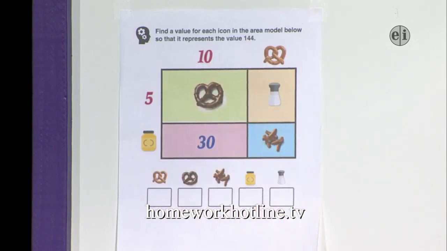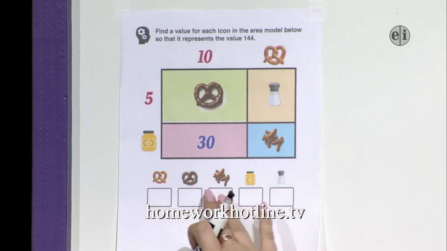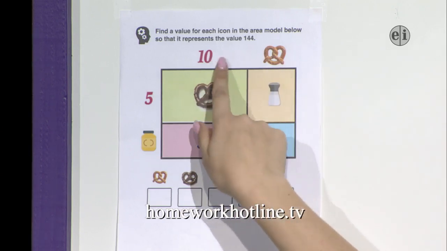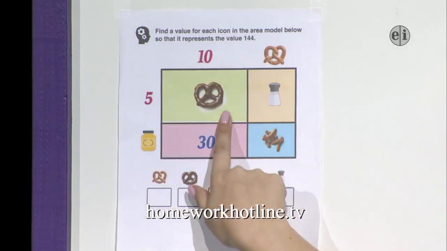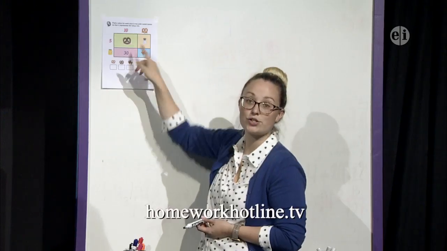We have some different items, and they are going to correspond to a number, but we don't know what those numbers are yet. So what we're going to do is solve for them. Automatically I see there's two numbers here for this green square, so I'm going to start there because that's going to be the most simple.